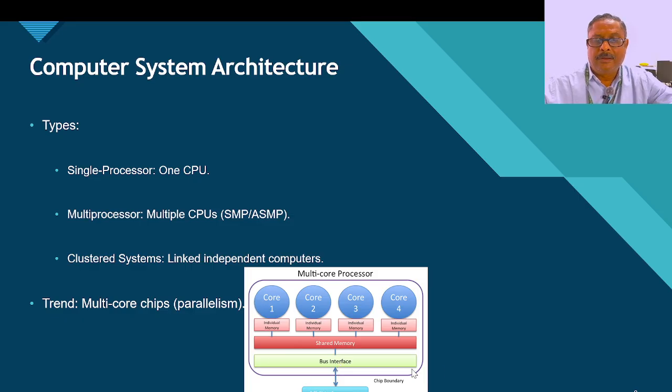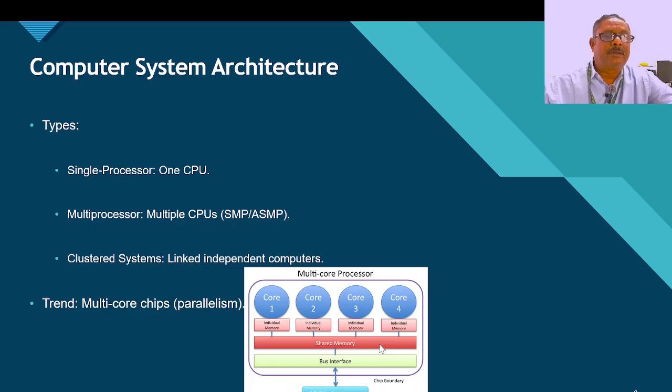So this whole thing in the violet band is the multi-core processor environment, and the blue one, the light orange, and this red one, all these together are part of one processor, one chip, wherein we have shared memory, we have individual memory, and we have core processors. So this whole thing is one chip, and that is connected through the bus interface to the outside world.